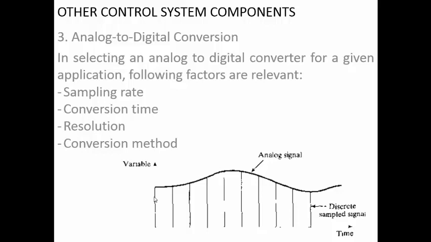How exactly are we converting the analog signal into a digital signal? One of the most common methods is the successive approximation method. So in this method, whatever the sampled value is, that will be compared with a reference value. If the sampled value is more than the reference value, then for that particular bit the value will be 1. If it is less, the value will be 0.